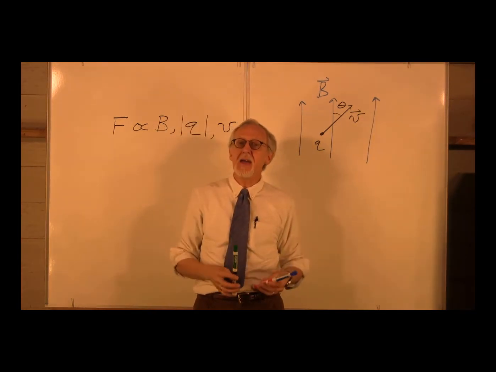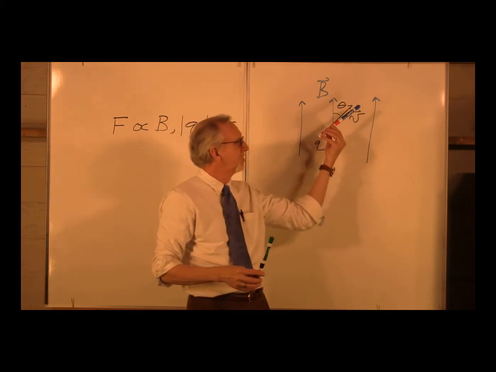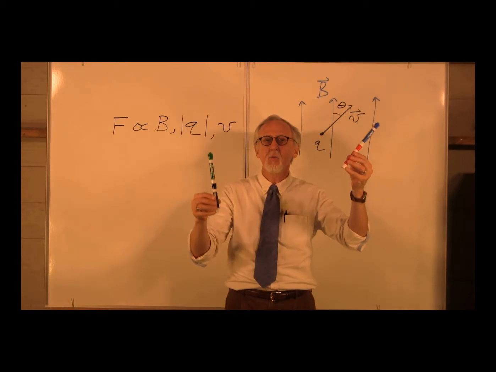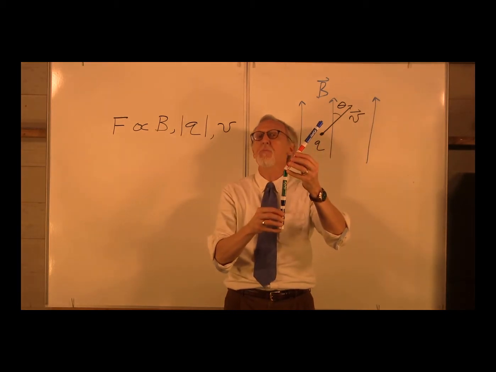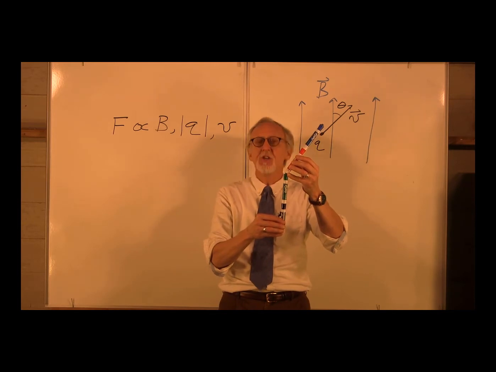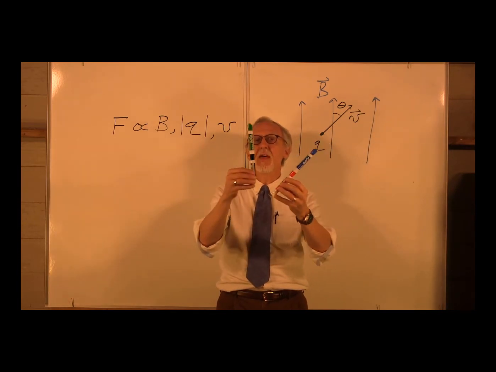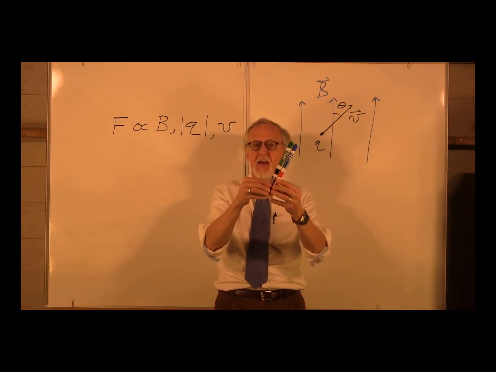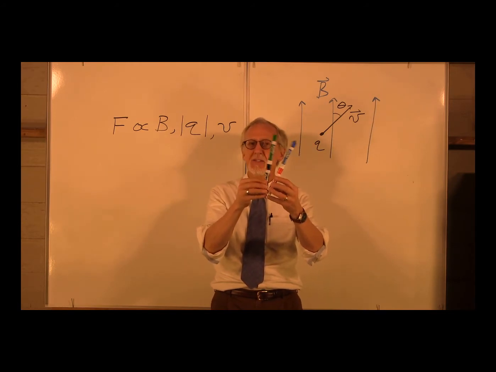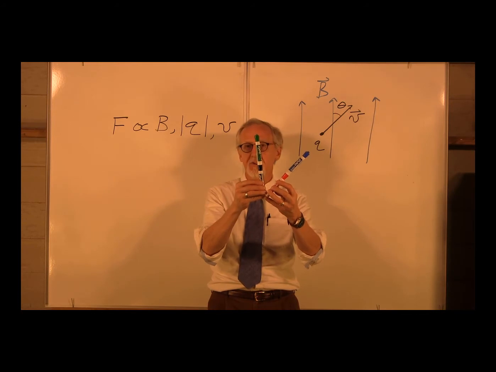To determine the angle between two vectors, let's say here's the velocity vector, here's the magnetic field, how do we determine the angle? We don't put them head to tail. We put vectors head to tail when we want to add them together. To determine the angle between them, we put them tail to tail. And then the angle between them is always the smallest, closest angle between the vectors.